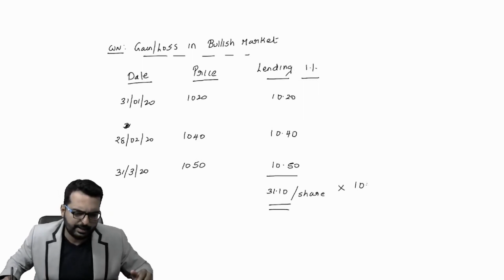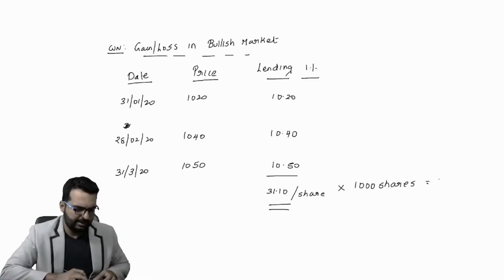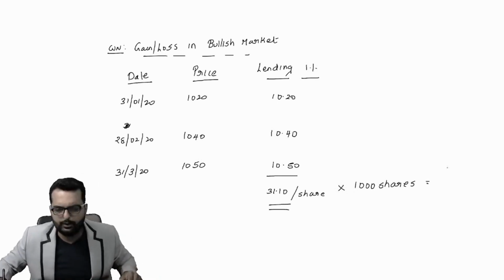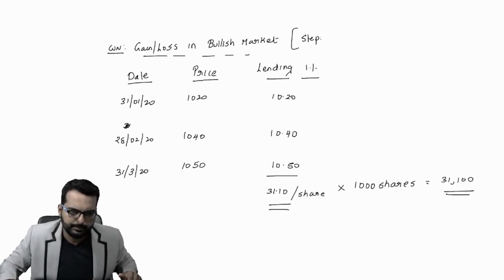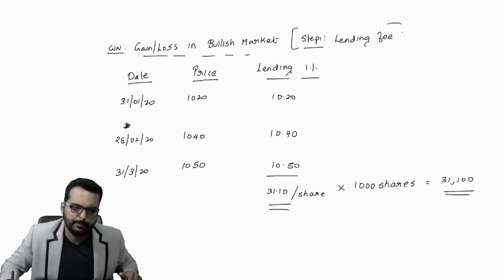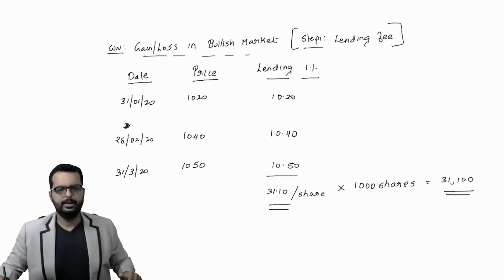Into how many shares are there? 1000 shares are there, right? That would give you the answer as 31,100. So this is step number 1, lending fee. Can you write down this?